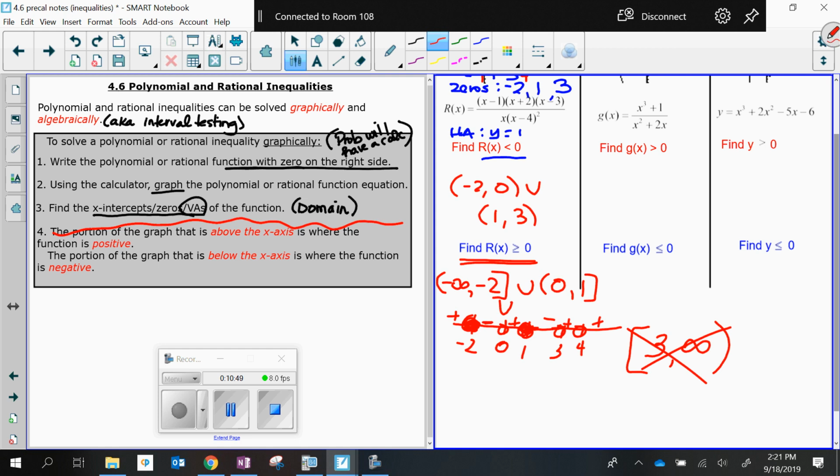Okay. So the next one would be like 3, 4, with the soft bracket. Soft bracket. That's a good one. That's a parenthesis. And then 4 to infinity. Okay?